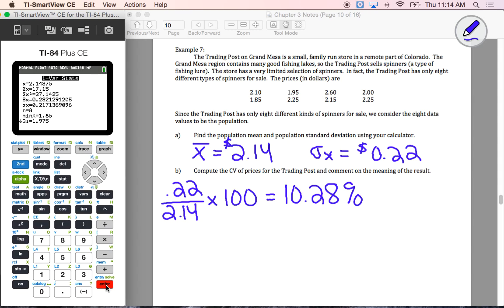So if we have a smaller standard deviation, it means the data values are closer together. If you have a bigger standard deviation, it means the data values are more spread out. Since we have 10%, it's saying the standard deviation is 10% of our mean. That's very small. Because that percent is very small, we are saying the selection is priced very similar to each other.